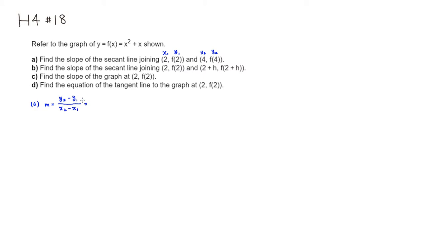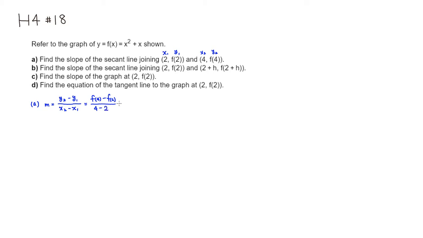Y2 is f of 4 minus y1, which is f of 2, over x2, which is 4, minus x1, which is 2.